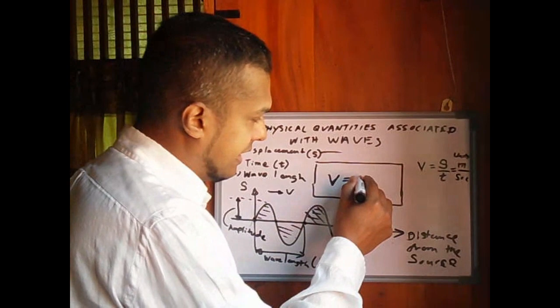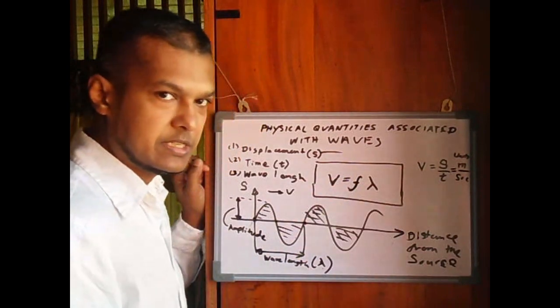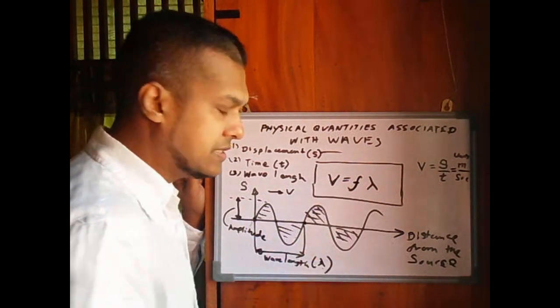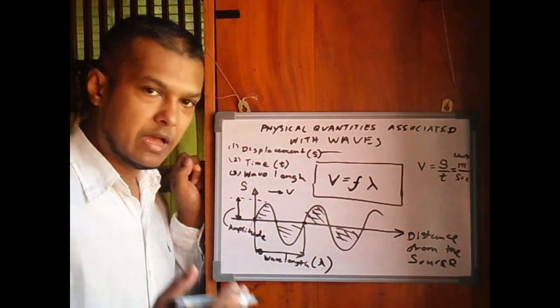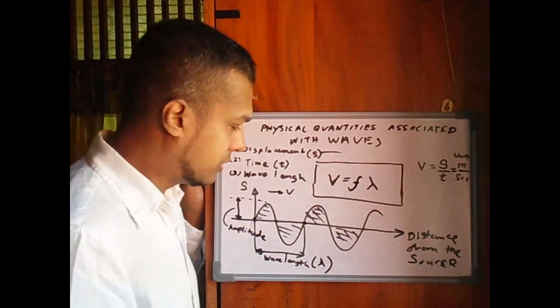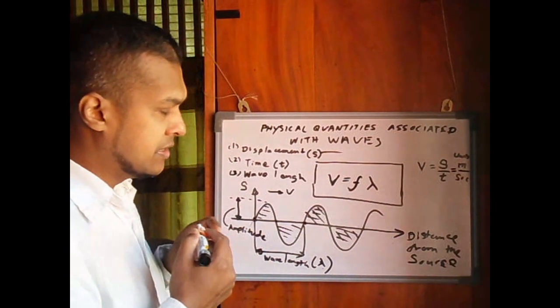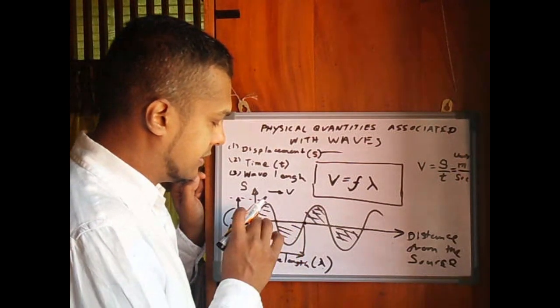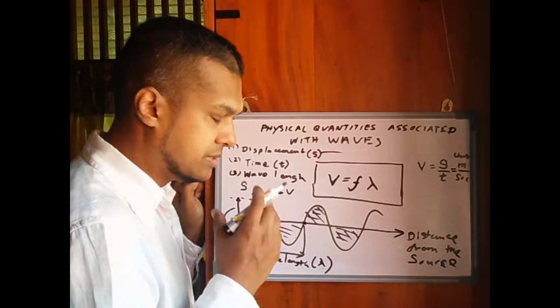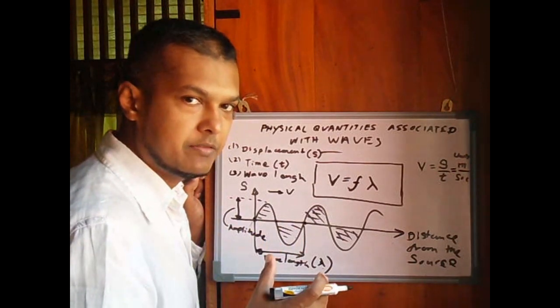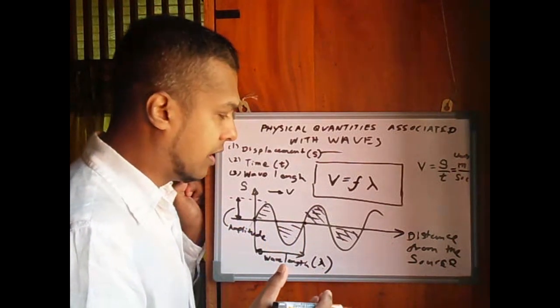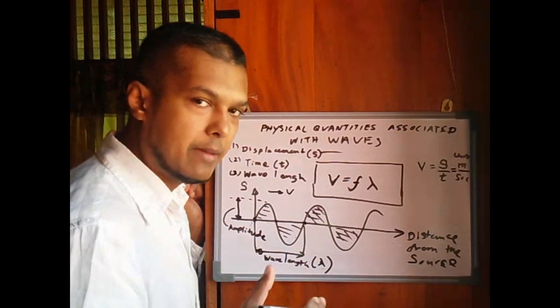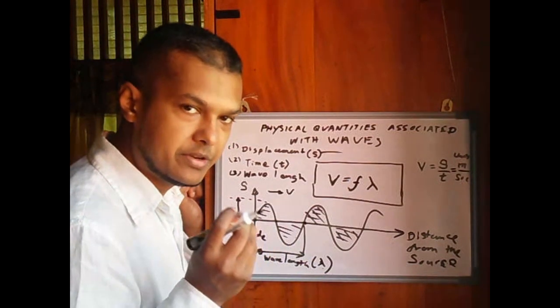And then the F, which we haven't discussed in this case, is the frequency. I think in my first topic we talked about what frequency is. Frequency is how many cycles happen in a period of time.